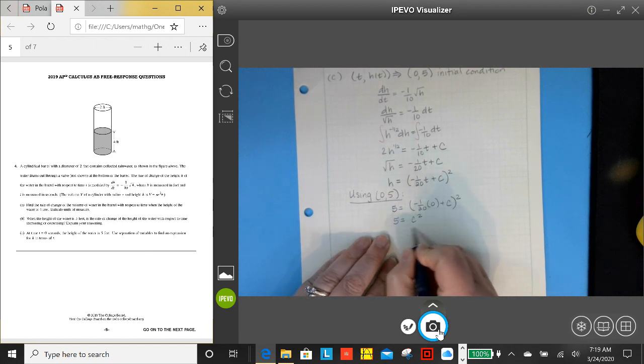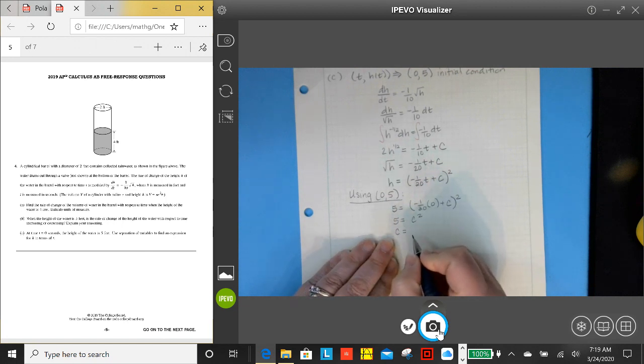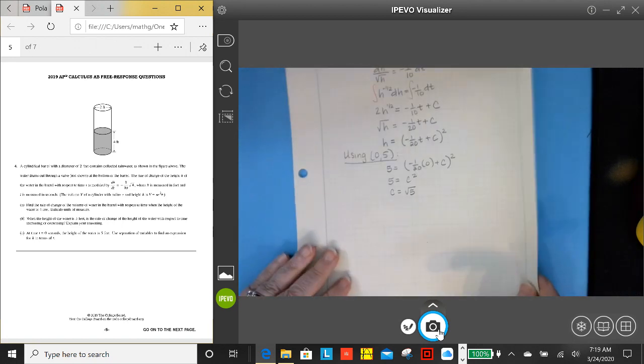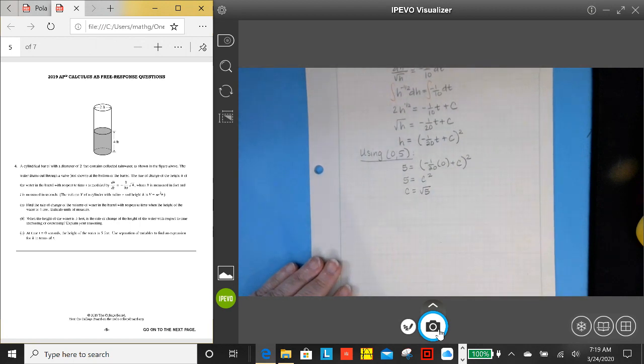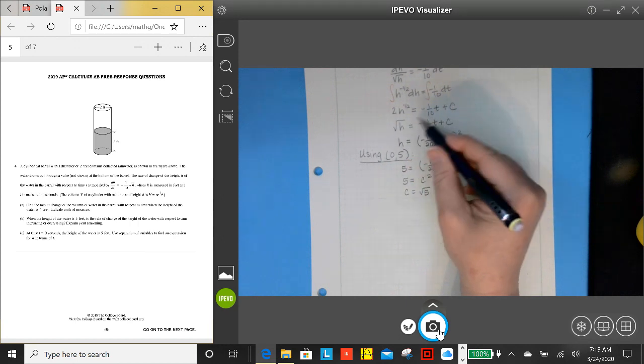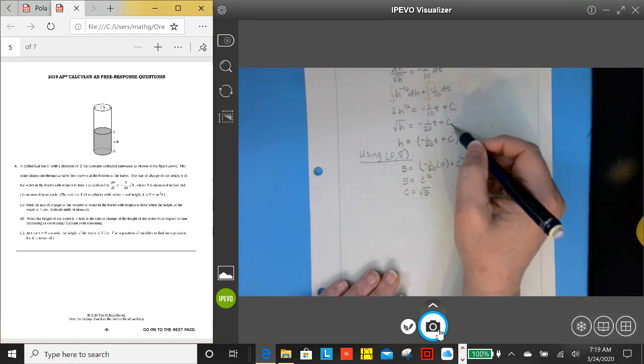So c, in this case, is going to equal root 5. Now, it might be plus or minus root 5, but I think that root 5 is what we need, because if I go up here, it has to be positive up here.